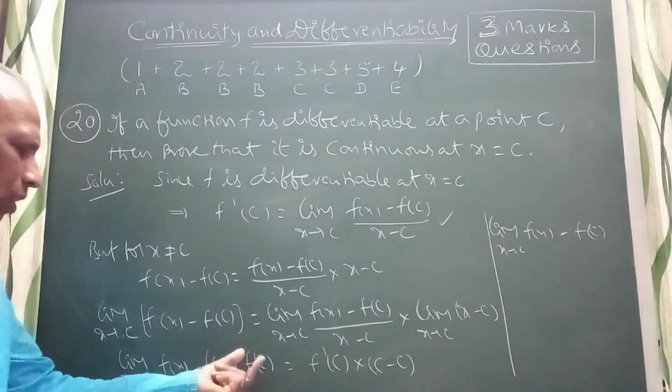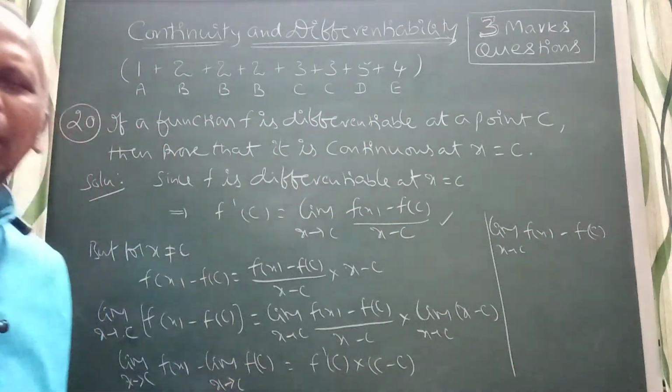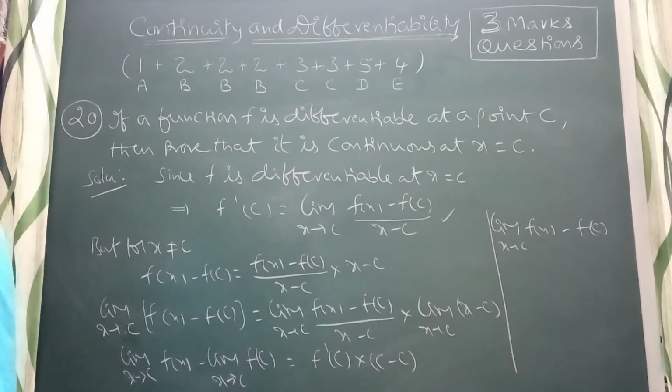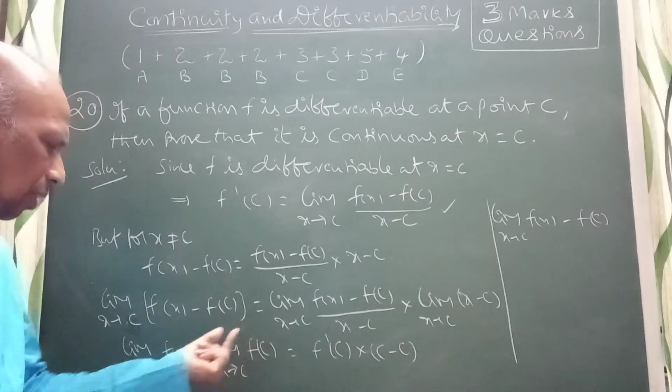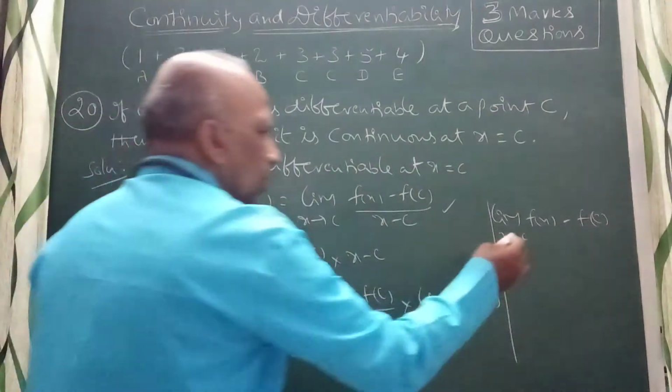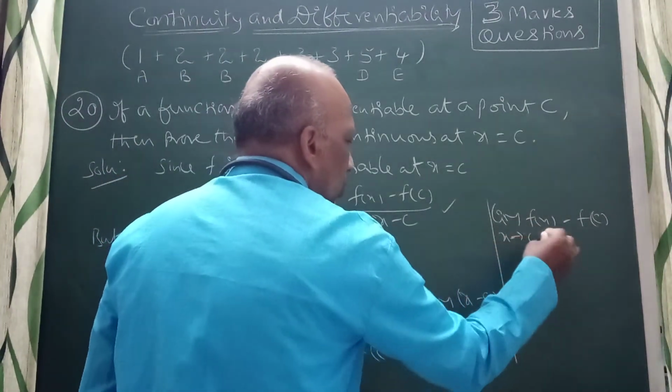Because the limit of a constant is constant only. I will get f of C, right. Limit x tends to C, limit of constant is constant, f of C, which is equal to this side, right side.